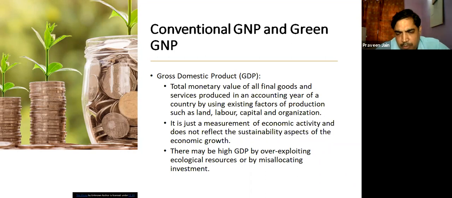So even if the GDP is higher and the economy performs better in a particular year, we can't say that the state is doing well, because they might be using a lot of ecological resources, and the exploitation of ecological resources may harm them in the future.